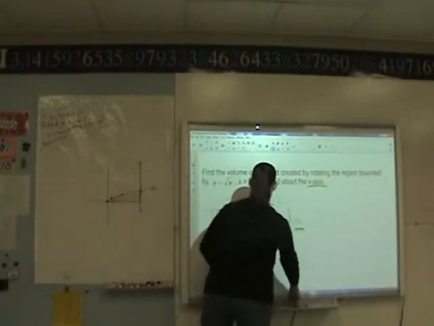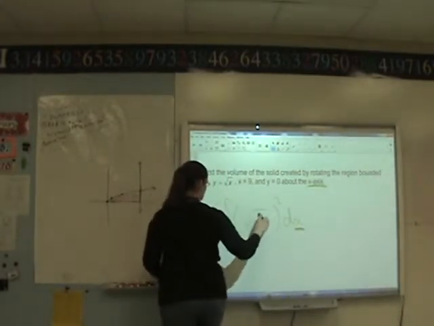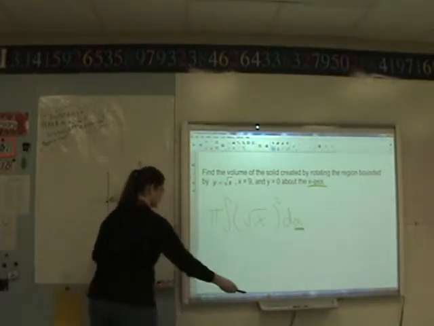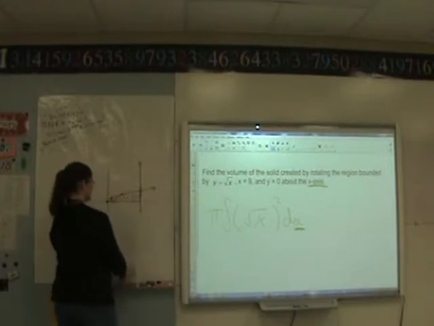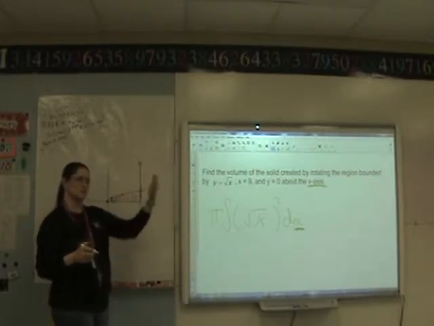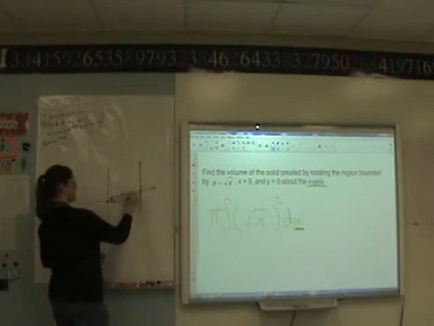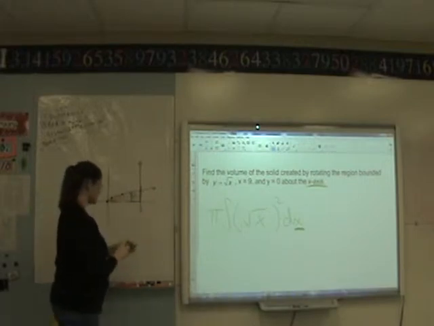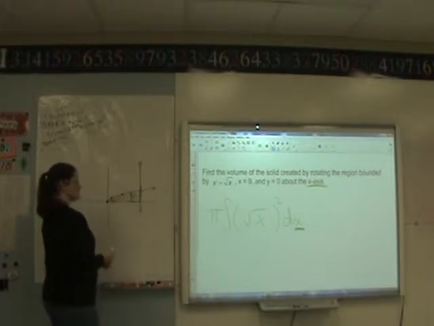Pi function squared. What function are we using? Square root of x. When we were doing area, sometimes I would say you need to draw a vertical strip in there to see what the top part is, what the bottom part is. If I draw a vertical strip in here, here's the axis. What am I touching? That's my radius. My function is the radius. Now, limits of integration.